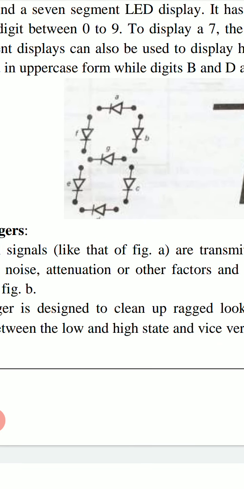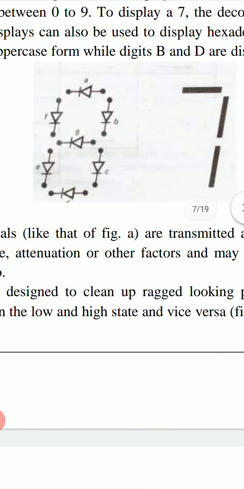These are 7 LEDs, light emitting diodes: A, B, C, D, E, F, G, and these can be used to display any number between 0 to 9. For example, number 7 is displayed when LEDs A, B and C are on, as shown in this figure.